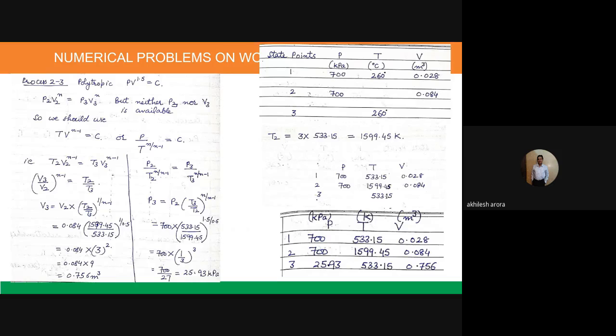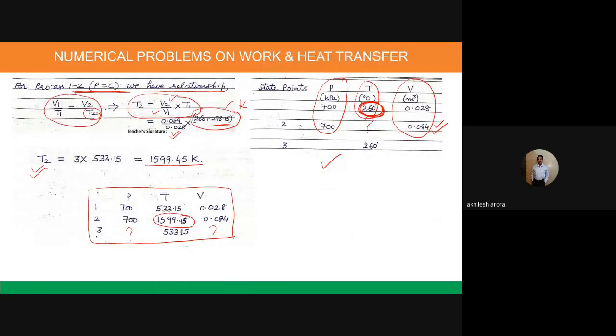Now the second process was a polytropic process with PV raised to power 1.5 equal to constant. Now we have already calculated this temperature, 1599. Okay, and for process 2 to 3, you can see the temperature is known here, but here the pressure is known, and this pressure P3 is unknown.